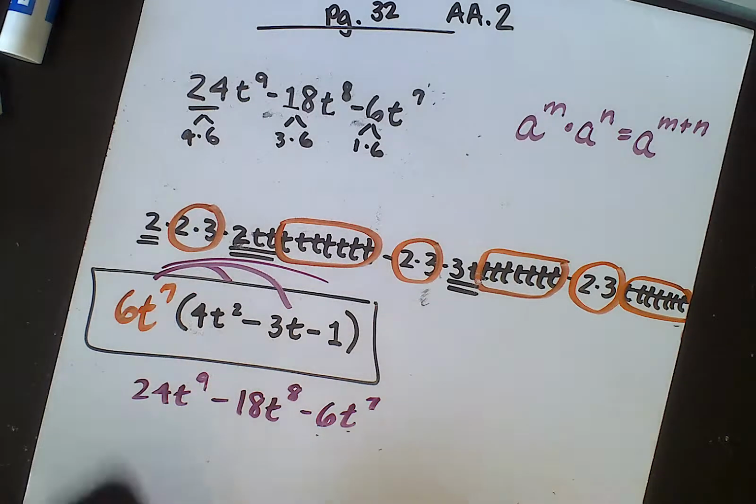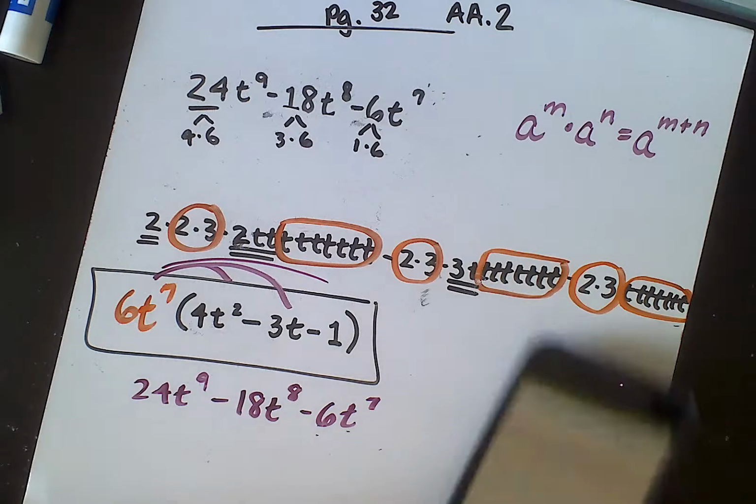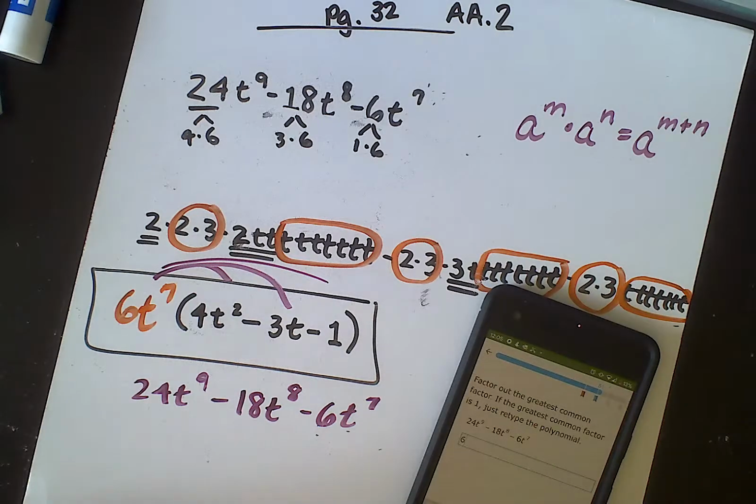All correct. So 6t to the 7th power times 4t squared minus 3t minus 1.